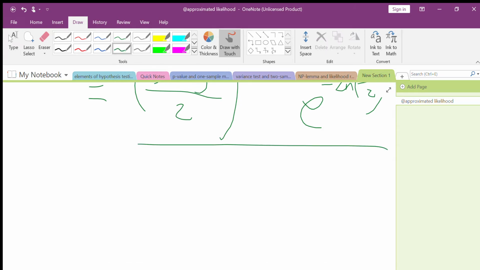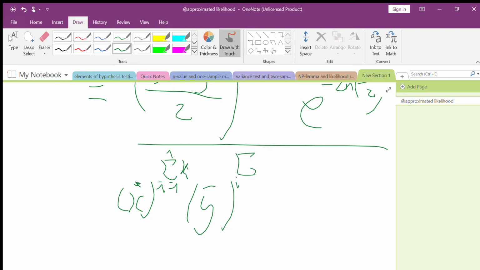The denominator is x bar raised to the power summation i from 1 to n xi, y bar raised to the power summation i from 1 to n yi, exponential raised to the power negative n times x bar plus y bar.